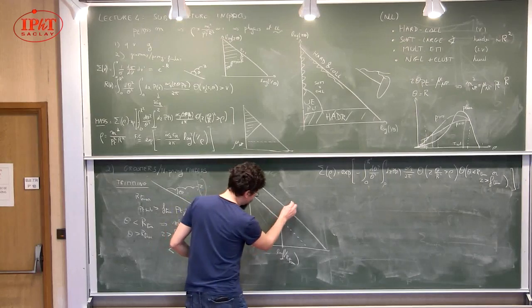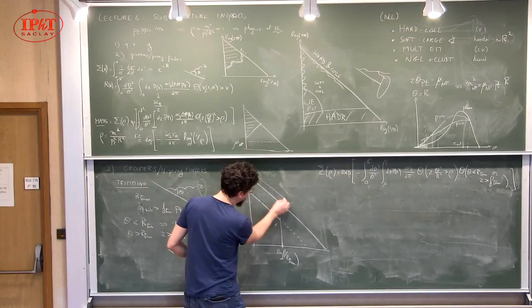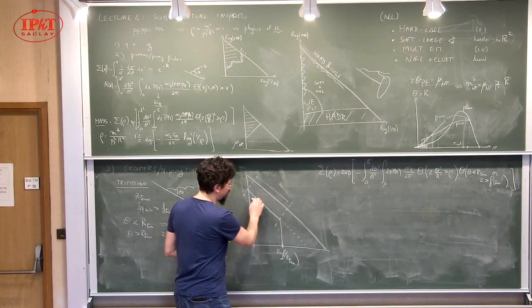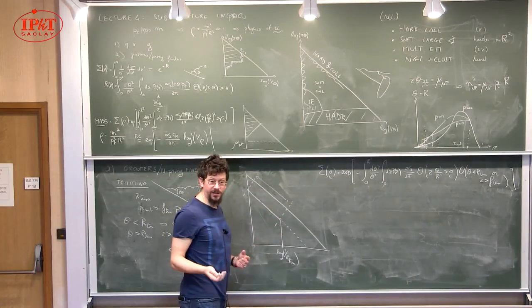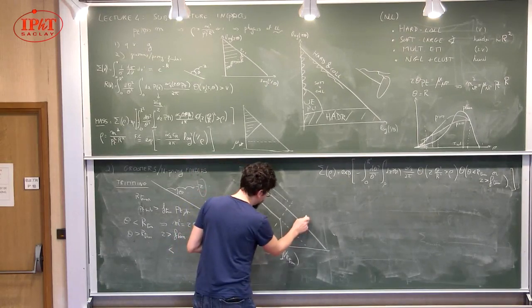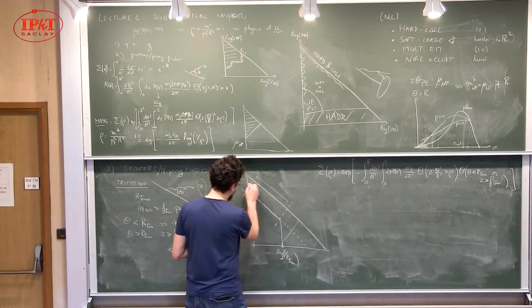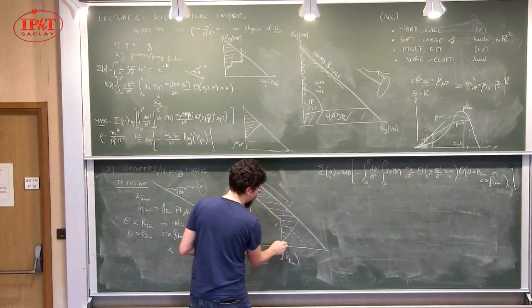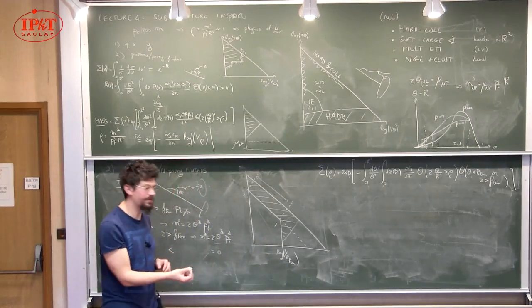Or your mass is somewhere in between these two regions here, in which case the constraint of vetoing this region above a certain mass is exactly the same as what you would have had from modified mass drop. Or there's a region where you're below, and if you're below, your Sudakov now becomes different and has an extra contribution compared to what you had for modified mass drop.